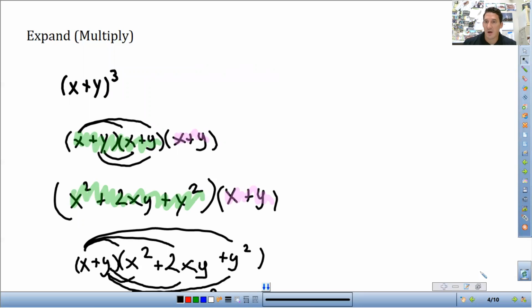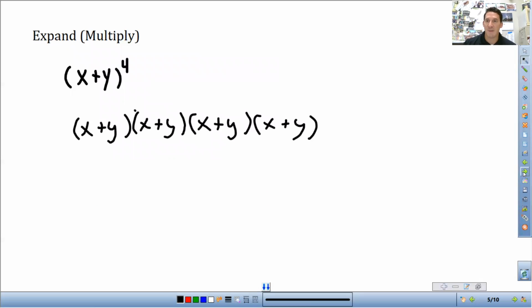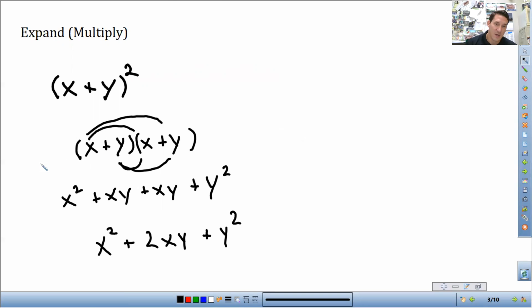One thing I want to point out, excuse me, let me back up. There's a shortcut to this, and that's where Pascal's triangle comes in. So what we're going to use is Pascal's triangle to do this real quick. What I want you to notice here: the coefficients for x plus y squared are 1, 2, 1.